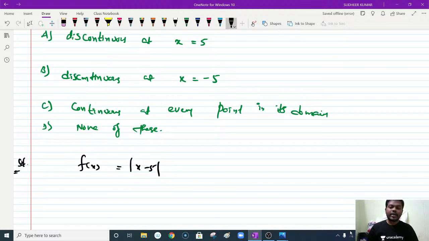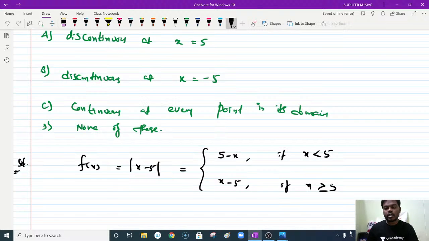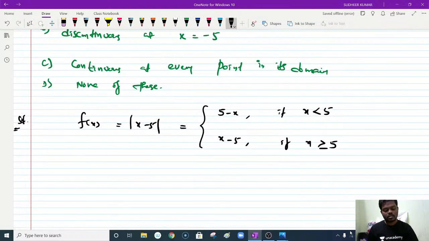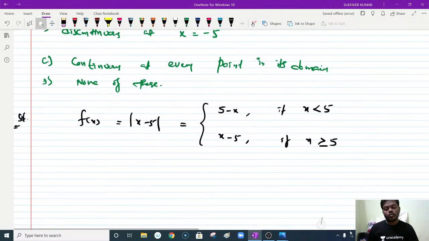Mod x minus 5 is defined as minus of x minus 5, or 5 minus x, if x less than 5, and x minus 5 if x is greater than or equal to 5. Right? Is it clear now? And now find.